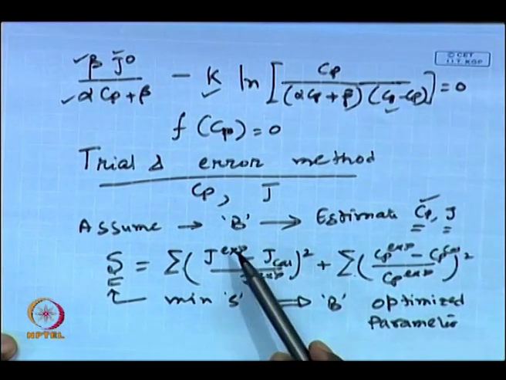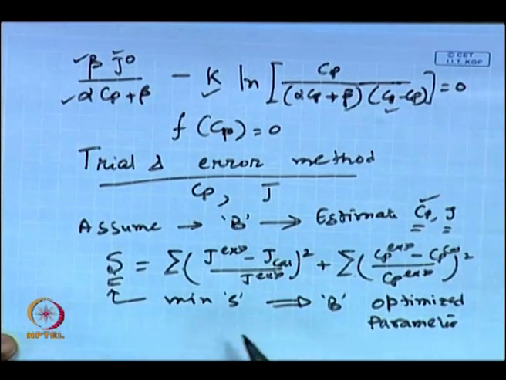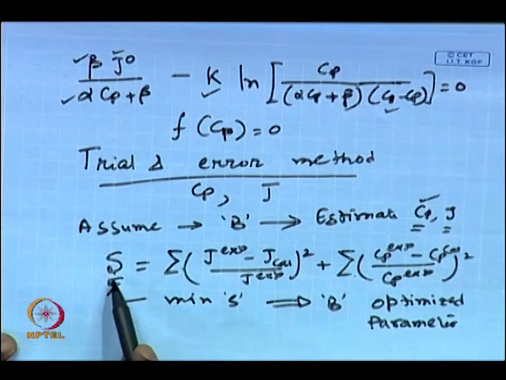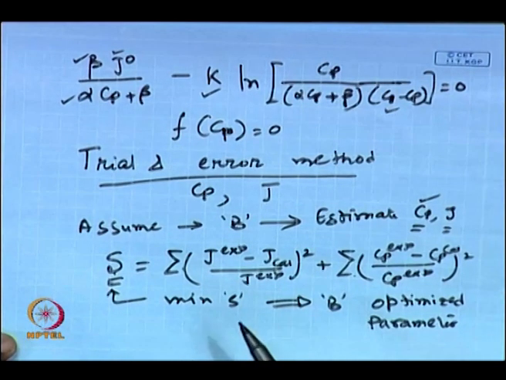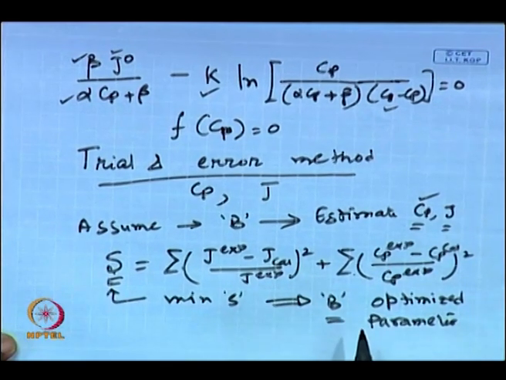What will be the next value of B, the optimizer calculates itself. One can do several iterations and land up with a minimum value of S, which will be set by a tolerance value. You set a tolerance value of 10 to the minus 3 or 10 to the minus 2, and when it is met, the program will stop, S will give the minimum, and the value of B will be the optimized parameter.